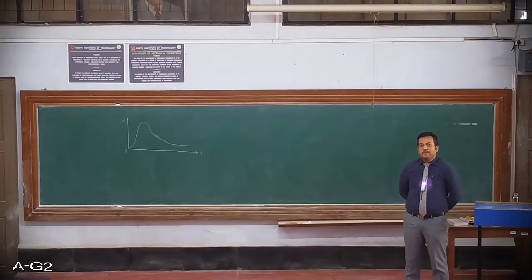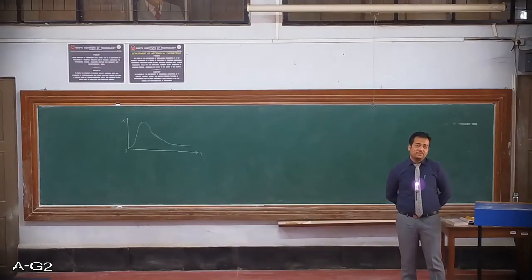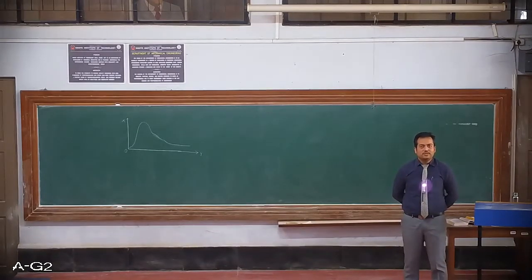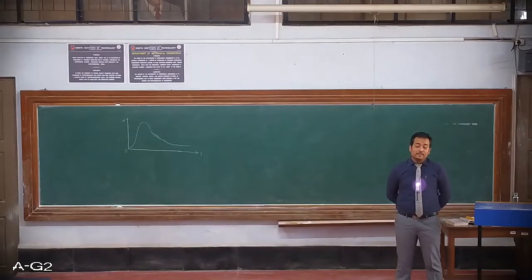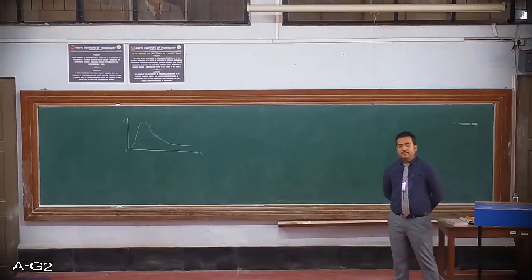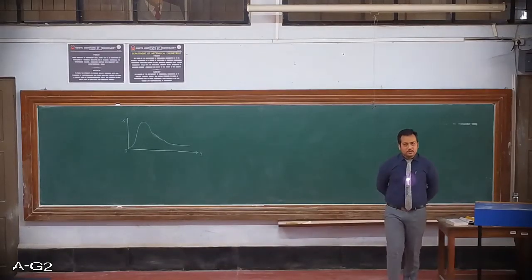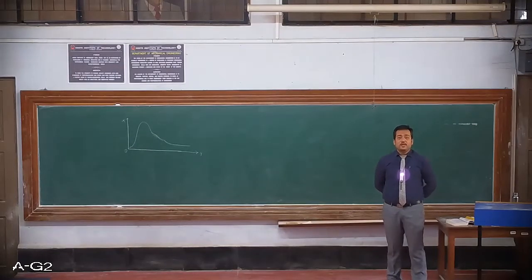So today we'll be going for the next concept. Before we go for the next concept, we'll discuss what we have spoken about in the previous couple of videos. We have spoken about arithmetic mean and also median. With arithmetic mean, through some examples, we have observed that if there are very large values or very small values in the distribution, then the arithmetic mean gets deviated from the central value.